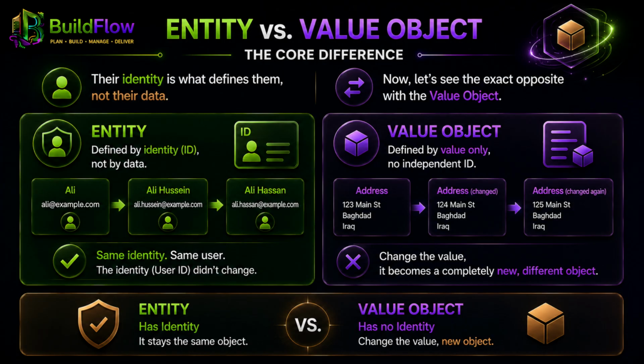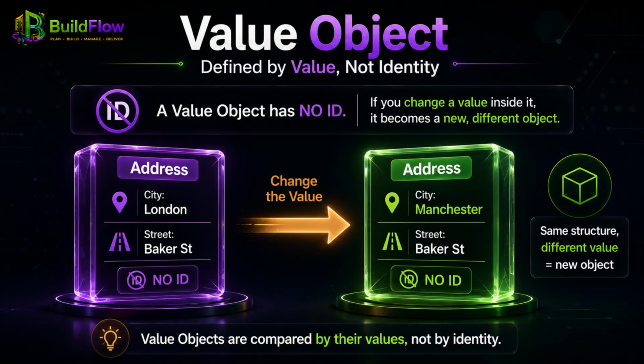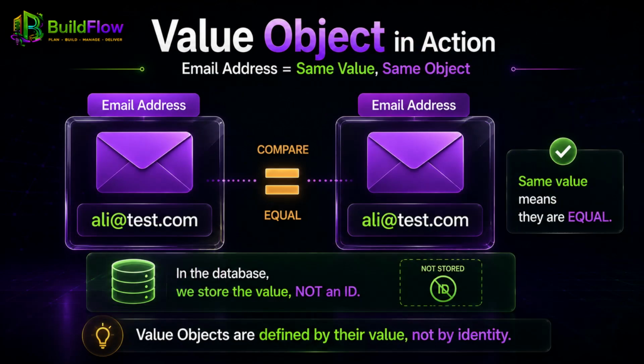Now, let's see the exact opposite with the value object. A value object is defined by its value only, and doesn't have any independent ID or identity. If we change a value inside it, it becomes a completely new, different object. Think of an email.